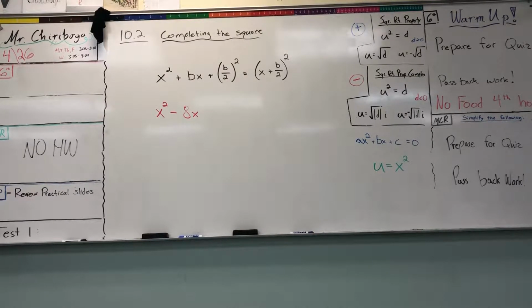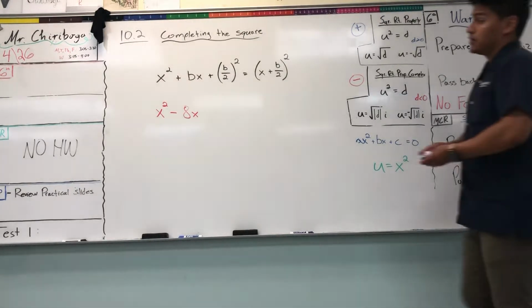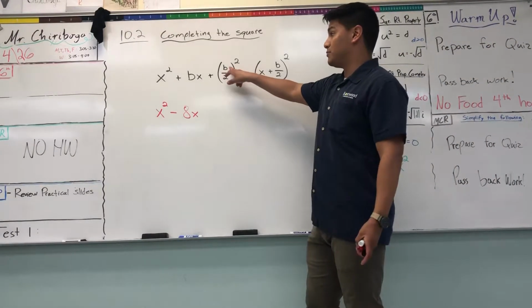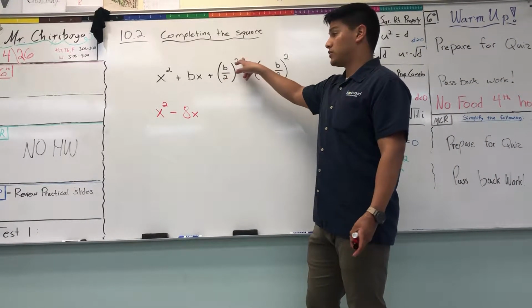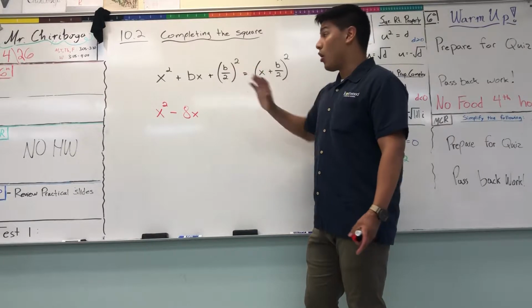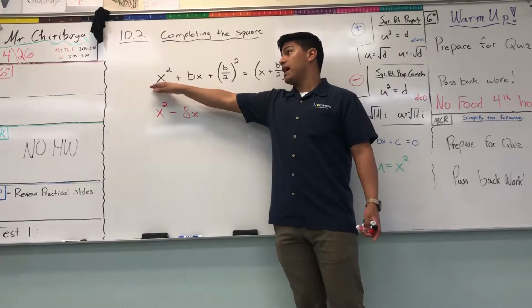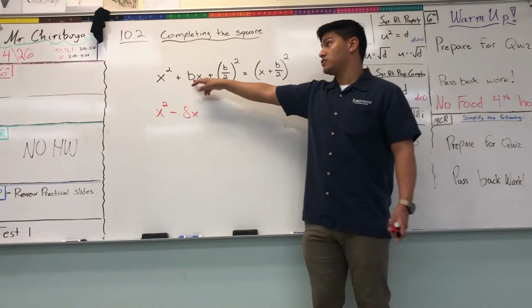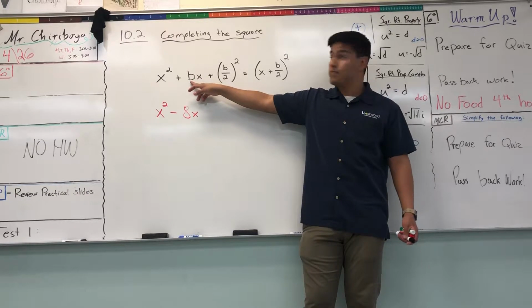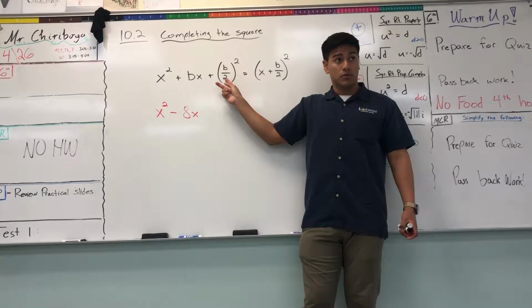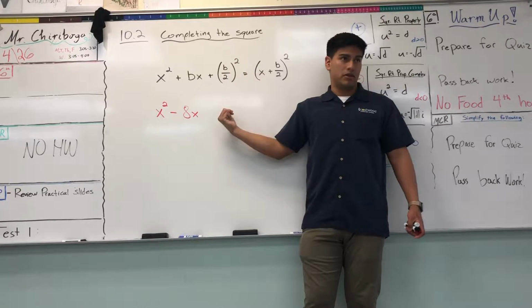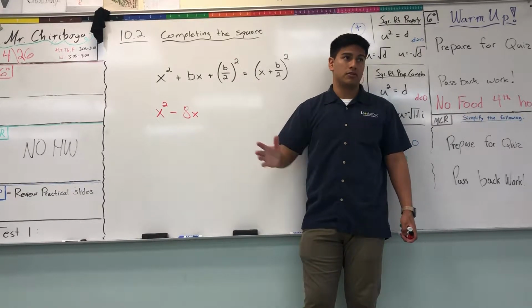What would you do? Make a c term. Up here your c term is b over 2 squared, right? All this is saying is that when you have x squared plus bx, you're just going to take that b value, divide it by 2, and square it to make your c term. And that's called completing the square.